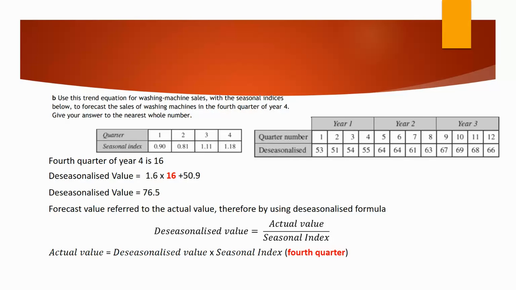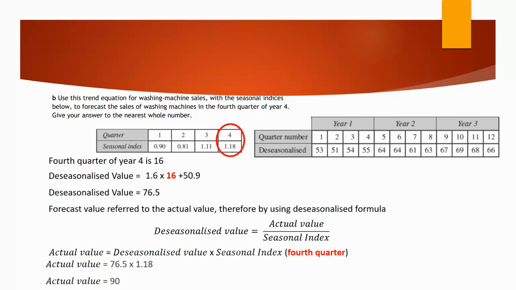Here we ask for the fourth quarter, therefore we substitute the fourth quarter's seasonal index. So the deseasonalized value 76.5 multiplied by the fourth quarter seasonal index 1.18, and the actual value will be 90. Let's say I asked you for the third quarter, then we would use the third quarter seasonal index.